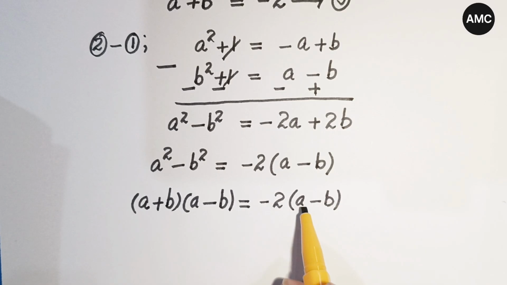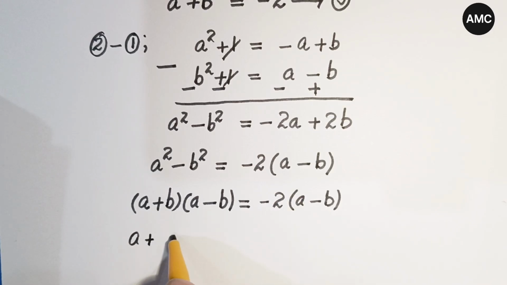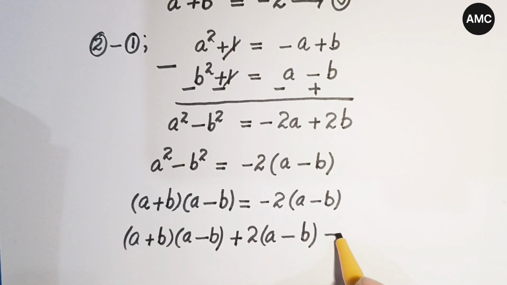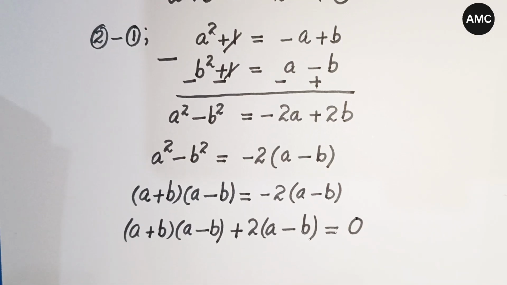Now if we shift this term to our left hand side, it becomes a plus b times a minus b, and shifting this one we have plus 2 times a minus b is equal to 0.